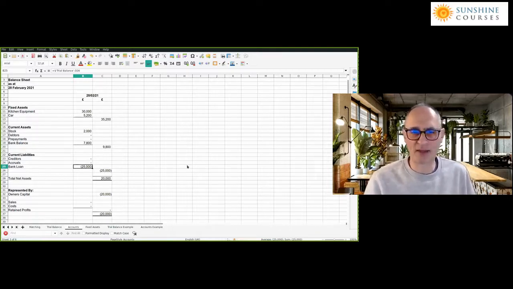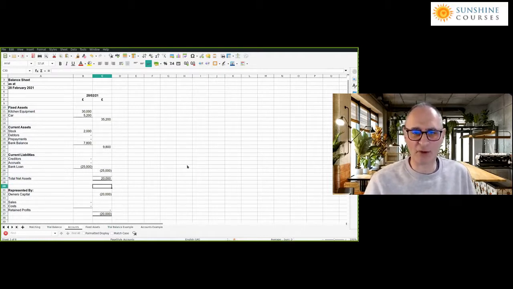We'll talk about that another time. But look, we've got net assets of £20,000. We've got our fixed assets of £35,000, current assets of £9,000, but we've got loans of £25,000. So our net assets are £20,000.